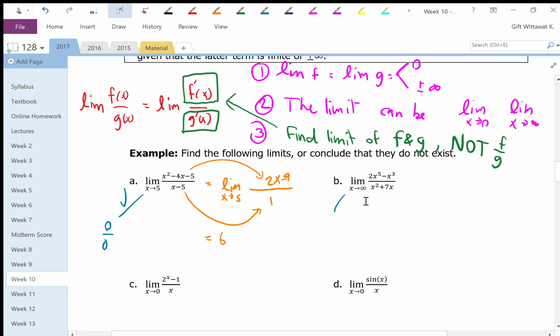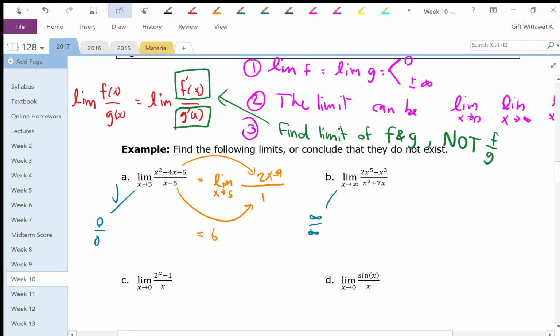Let me do the other one. I have 2x to the 5th minus x cubed over x squared plus 7x. If I find the limit as x goes to infinity, I plug in infinity and get infinity over infinity. This is bad. So I use L'Hopital's rule. This is going to be the same as the limit, when x goes to infinity, of the derivative of the numerator, 10x to the 4th minus 3x squared, over 2x plus 7.